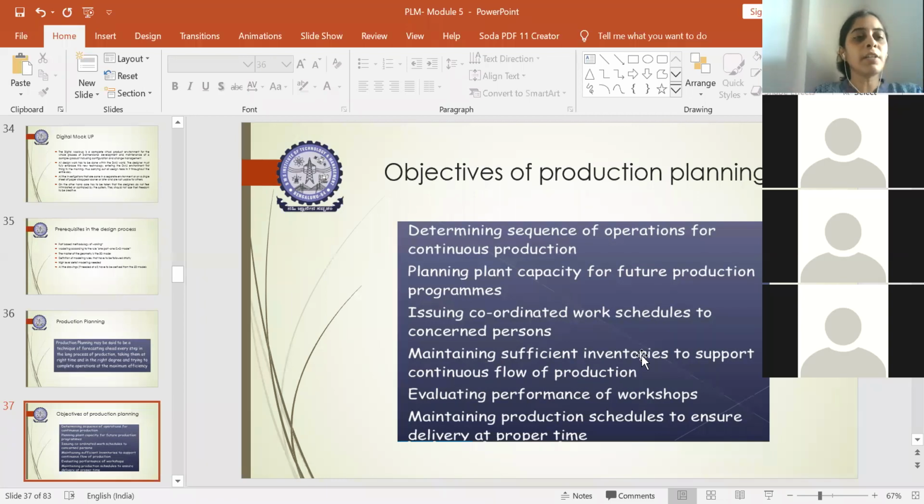If it is not in running condition, it has to be made into running condition by proper maintenance. Even he has to take care of all these things. And the last objective is maintaining production schedules to ensure delivery at the proper time. If he does all this successfully and does not fix up the time constraint, then what is the use of producing the products?